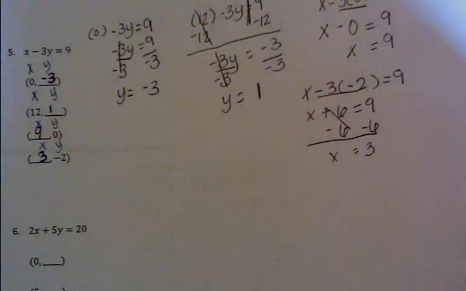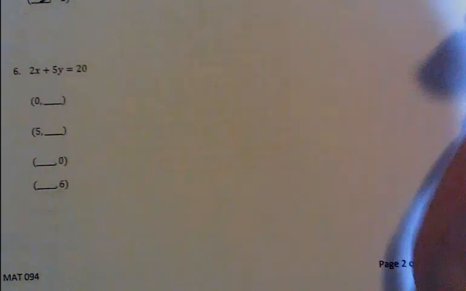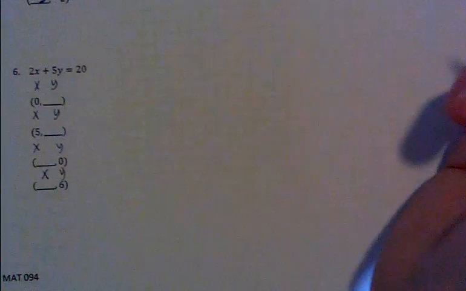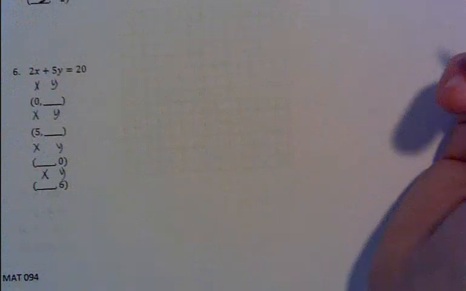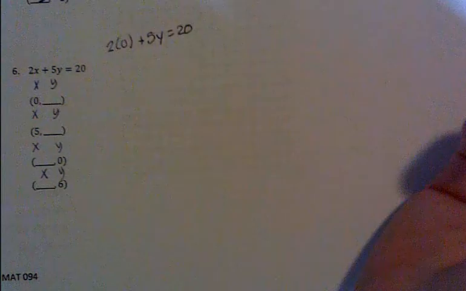Okay. Now let's look at problem number 6. So I'm going to label my x and my y values. So on my first ordered pair, I've got 0 for my x and blank for my y. So I'm going to plug a 0 in for that x. I don't know what y is, so I'm just going to rewrite it.